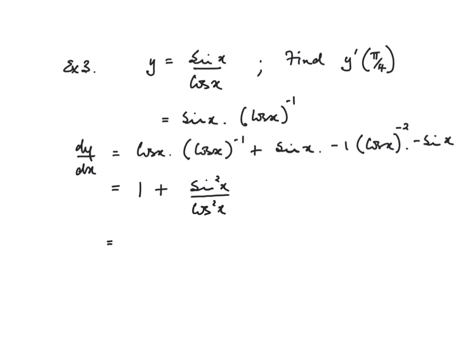Now remember, sine over cos is tan, so what we have here is tan squared x.